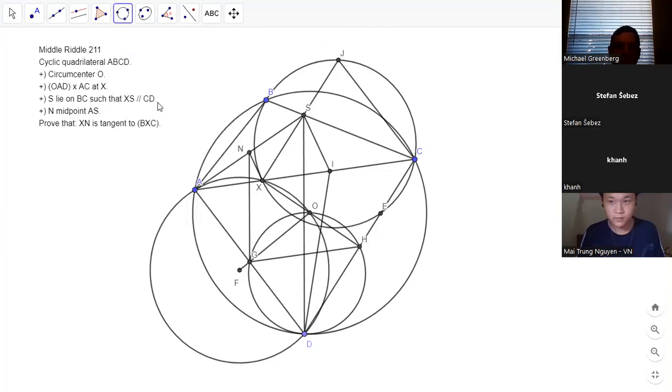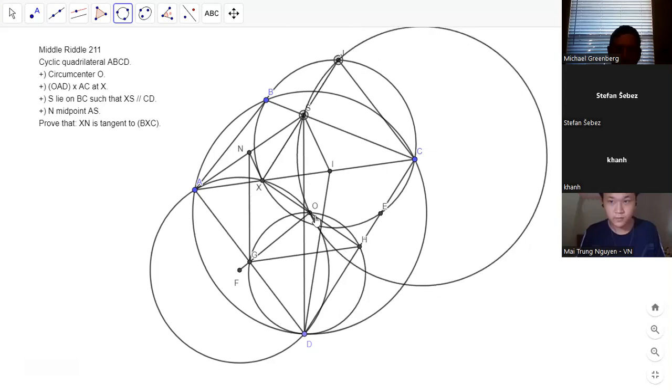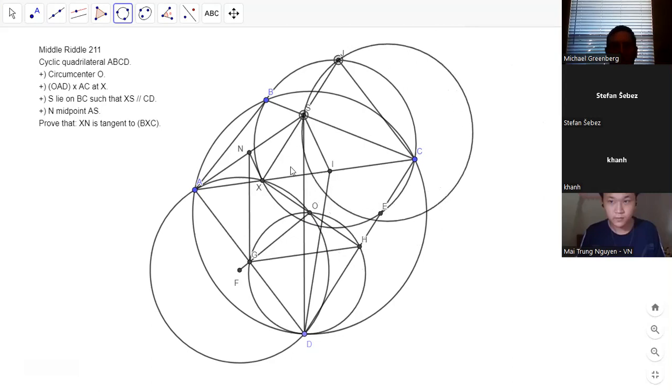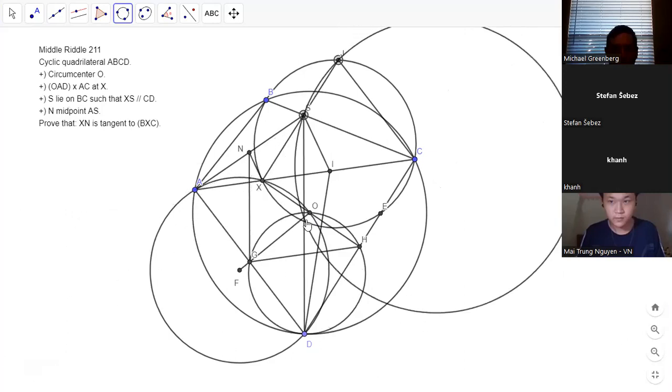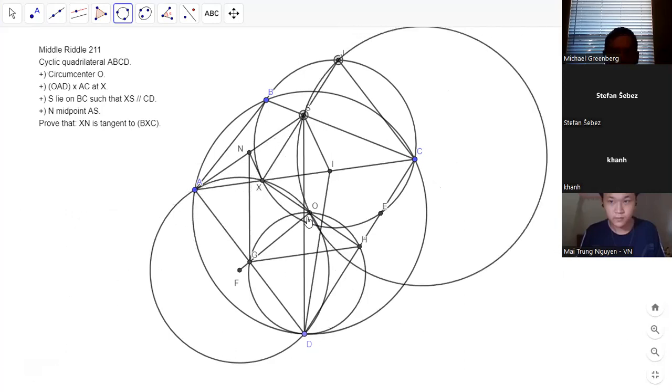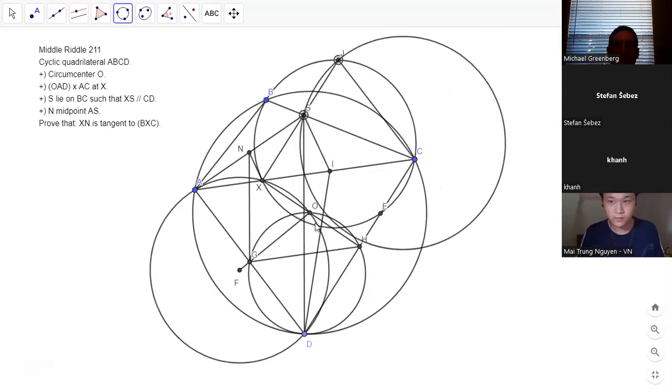What's the best circle to use for that? What's a good circle that goes through S and J? We could try this one, this one.